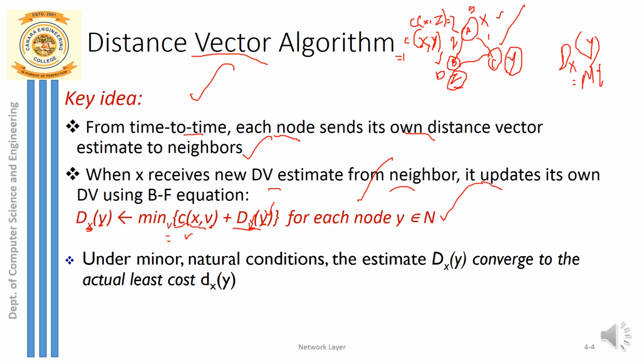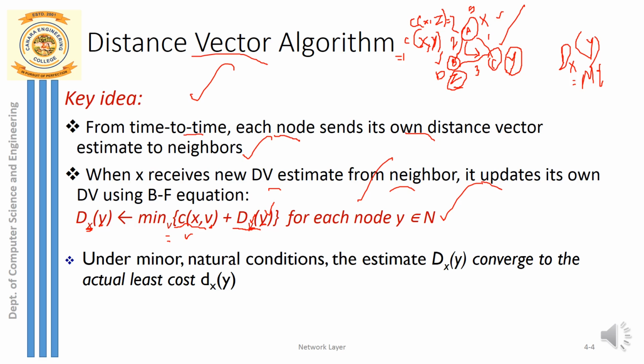One is the direct path from X to Y, and there is one more path, via Z. Via Z I can also reach Y. So X to Z I need to know the cost, plus Z to Y also I need to know the distance. When I add those two, I get to know the distance to reach from X to Y. Let me take this particular distance in my example as 3. So the distance from Z to Y is 3, the distance from X to Z is 2, and the distance from X to Y is 1.